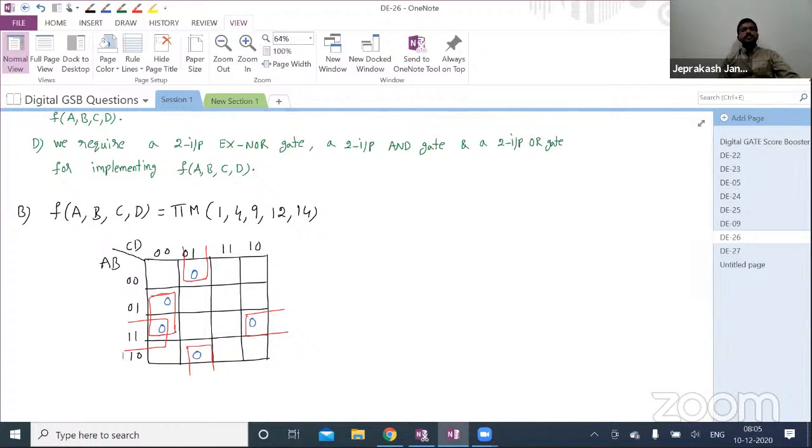Now write the terms for each combination. So regarding this particular column grouping, what is the term you will get? All of you please respond regarding this column grouping.